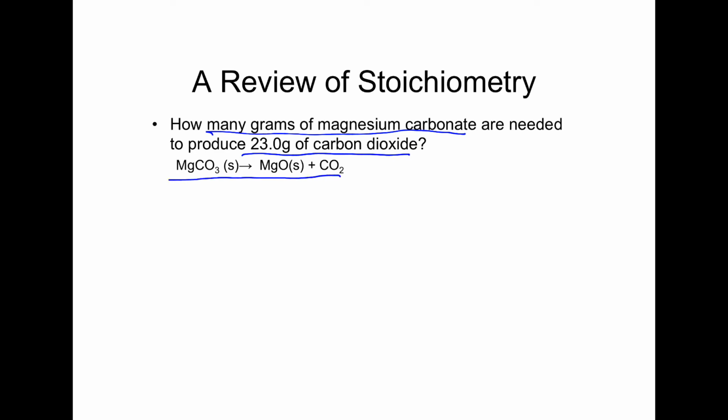This is what we know to be a typical mass-to-mass problem. And if you can remember back to mass problems, you start with a mass, and here we're going to start with our 23.0 grams of carbon dioxide, and we end in a mass. We're trying to get to grams of magnesium carbonate. Mass-to-mass problems have the same steps each time.